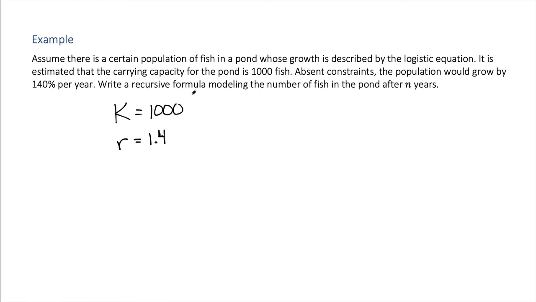We want to write our recursive formula modeling the number of fish. So our general recursive formula is Fn minus 1 times 1 plus r times 1 minus Fn minus 1 over k. That's our general form. And we already know r and k. We just plug those in, and that's our recursive formula.